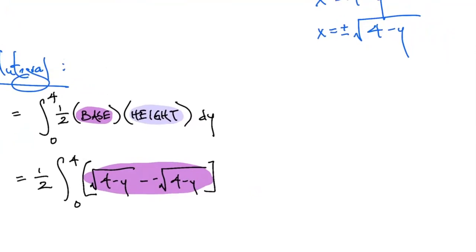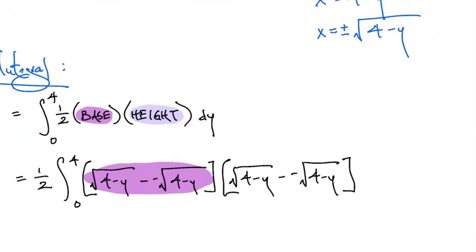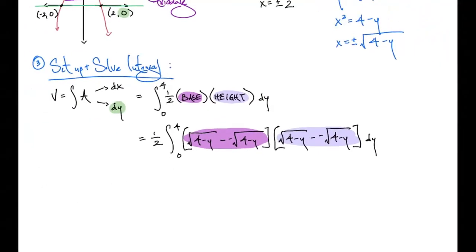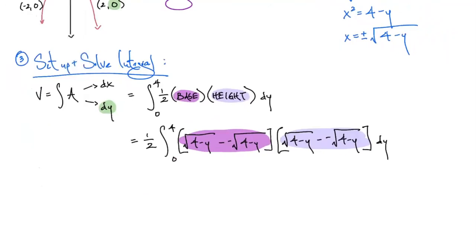Because we said this is an isosceles right triangle, the height is exactly the same. Right curve minus left curve. Okay.